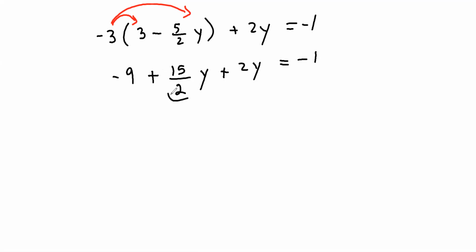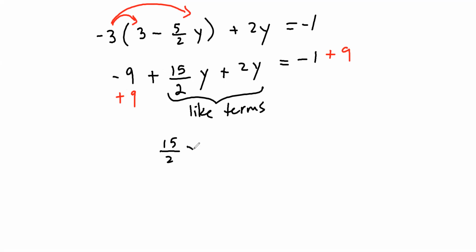So these two are like terms, and this number shouldn't be here. We should move it to where the other number is, so I'm just going to do an inverse operation to move it. Then we have 15 over 2 y plus 2 over 1 y, because it's just 2, and that is going to equal 8.